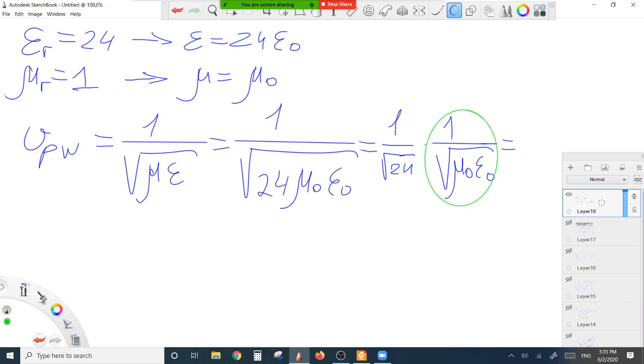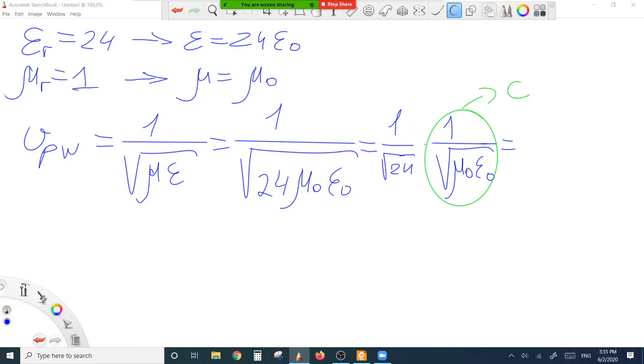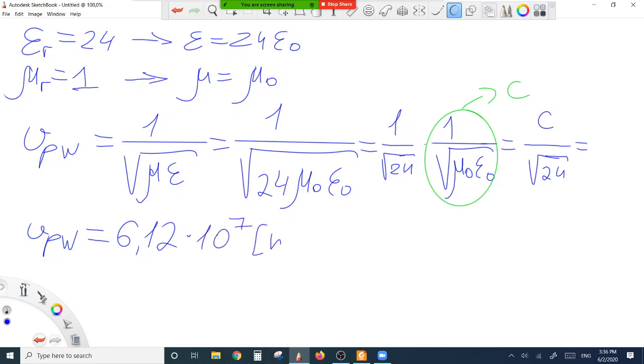So this is equal to c, and we have c over square root of 24. So the phase velocity in the water will be equal to 6.12 times 10 to the 7 meters per second.